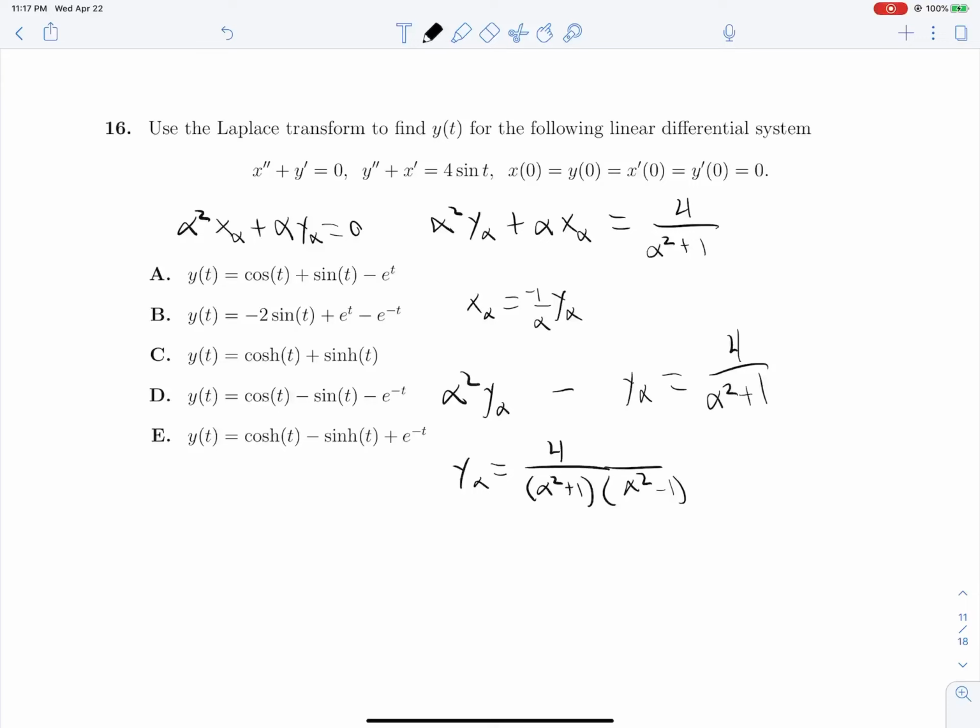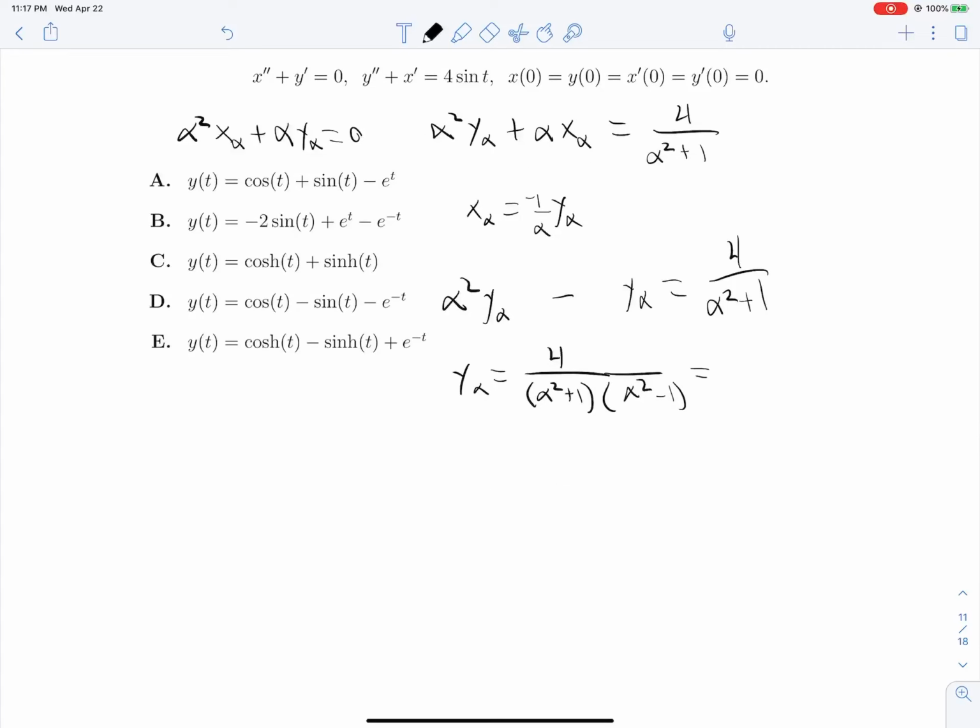But wait, it gets a whole lot worse. Are you ready for the biggest partial fraction you've ever seen in your life since that awful week in Calc 2? Because we can split this up into a alpha plus b over alpha squared plus 1 plus b alpha plus c over alpha squared minus 1. Oh yeah, no, I can do even more.